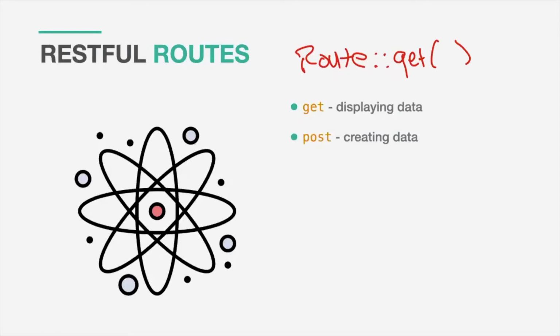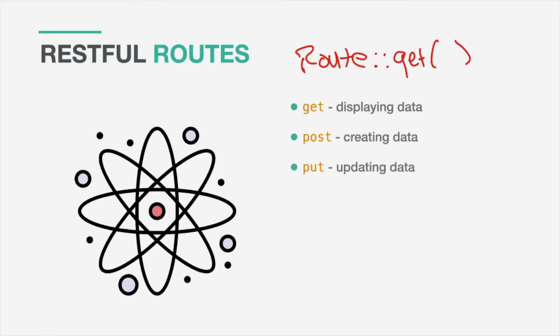Now, we also have post. You should be familiar with post because these are the two that we've used in the past with forms in HTML. We have get and we have post. And post is generally used for creating data. So get is for displaying data and post is for creating data. And those two are fairly familiar, but there's some other ones that you might not be familiar with.